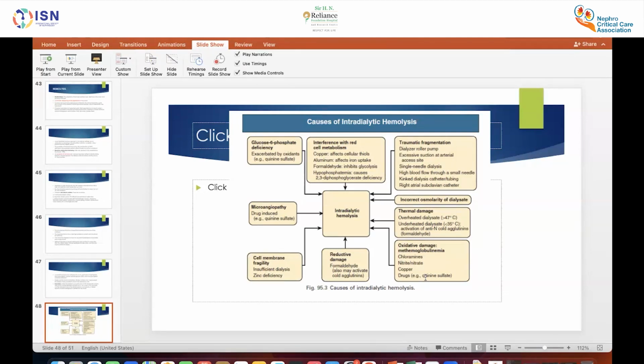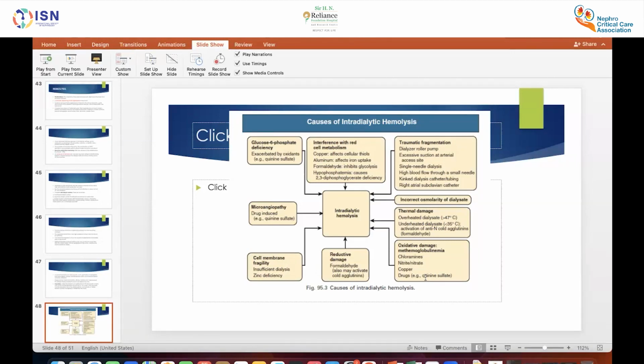Whereas the venous pressure and the arterial pressure are always positive pressures, so the interstitial pressure cannot outweigh the intravascular pressures. So how do we increase the hydrostatic pressure in the interstitial compartment?